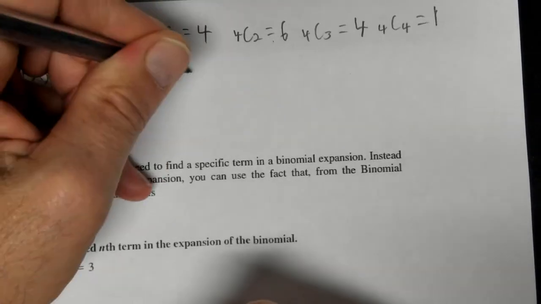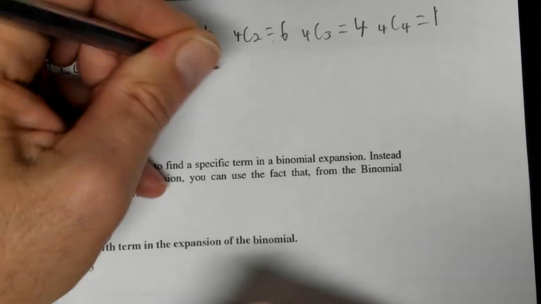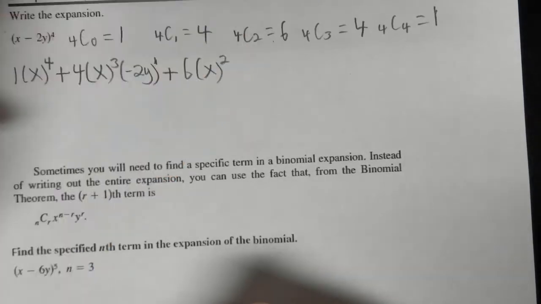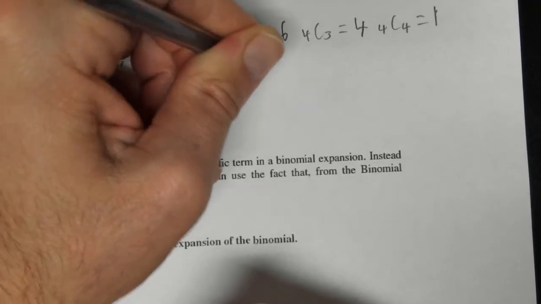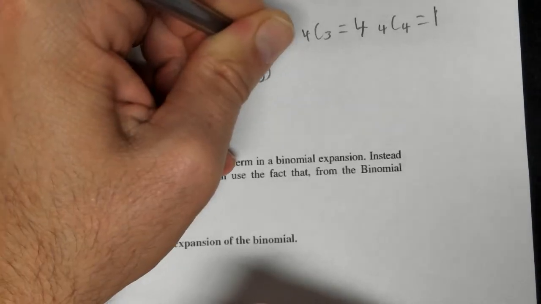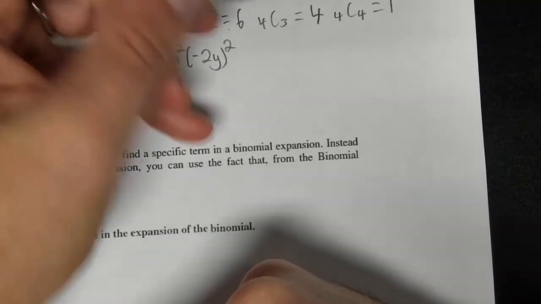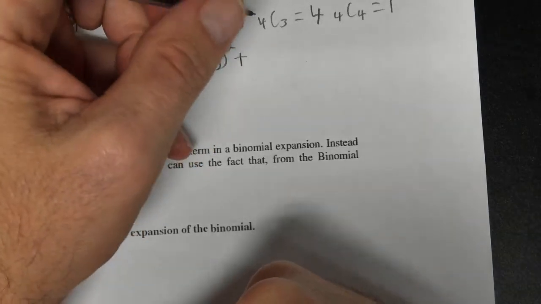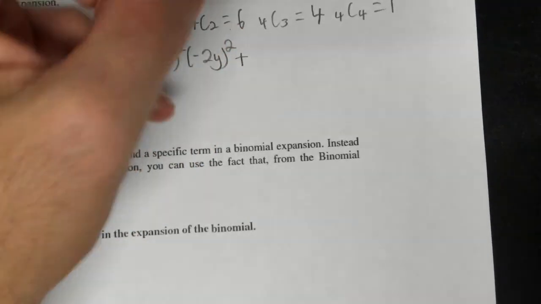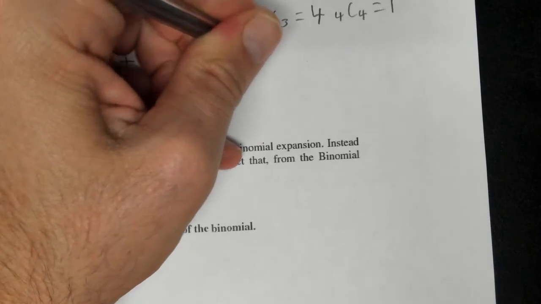Plus, my next term is 6. This is going to be now x squared, and it's going to be negative 2y squared. Plus, all right, so we're just continuing to put the terms down here. So that'd be 4.